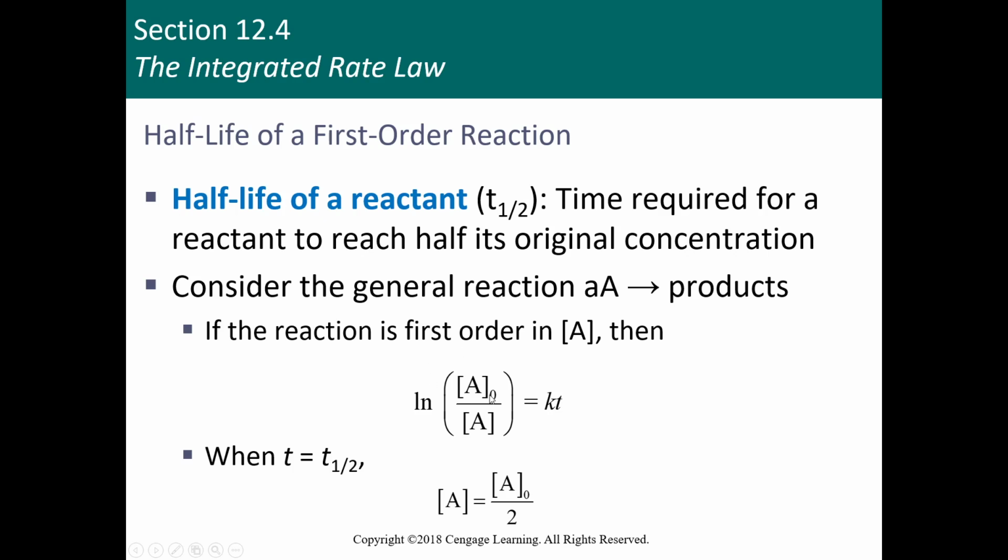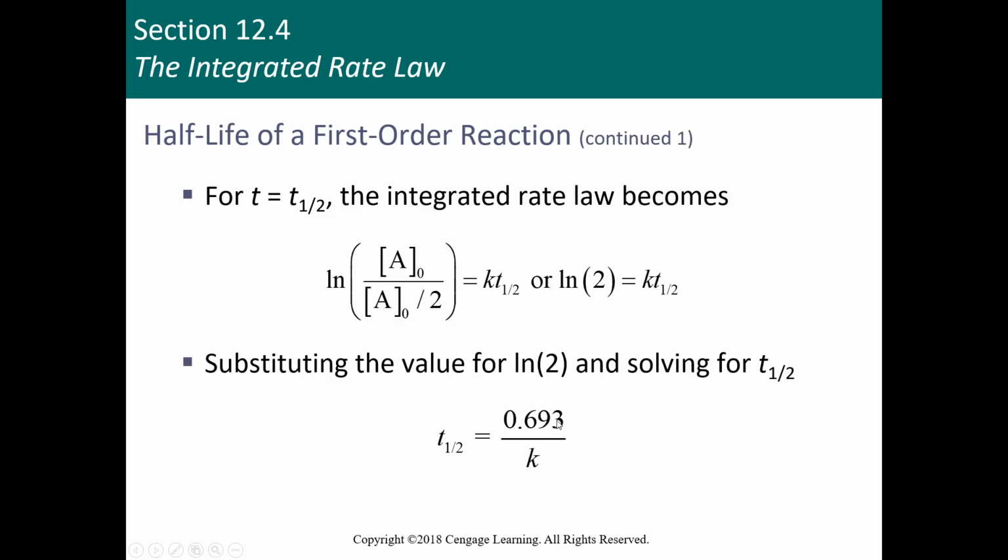So if half of our concentration is gone, that means that A would equal half of the initial concentration. Okay, so if we plug that in, we would get natural log of 2 equals k times the half-life. And this term is the half-life.